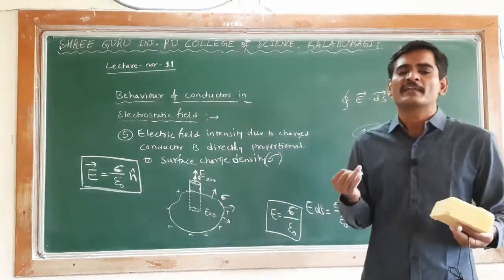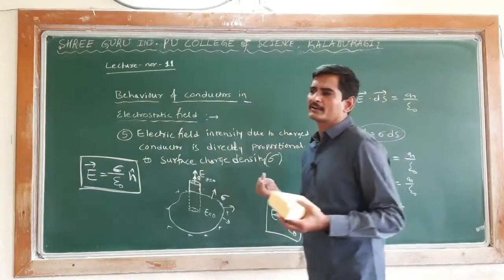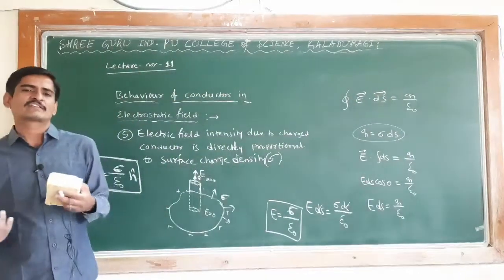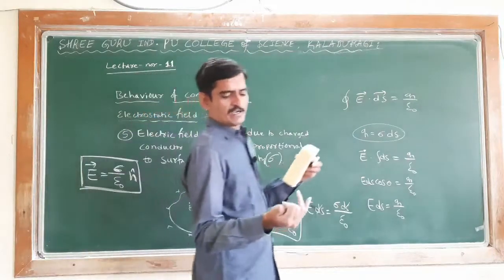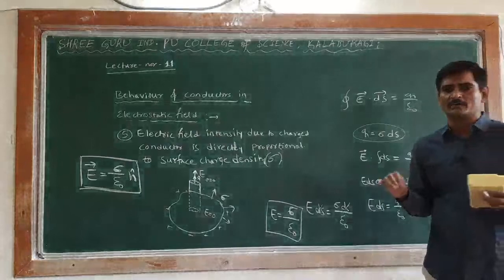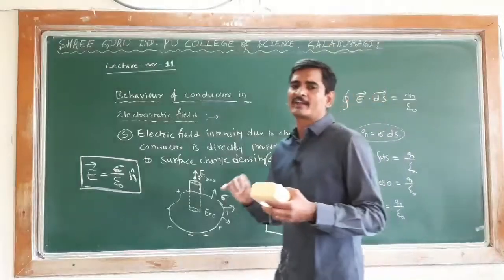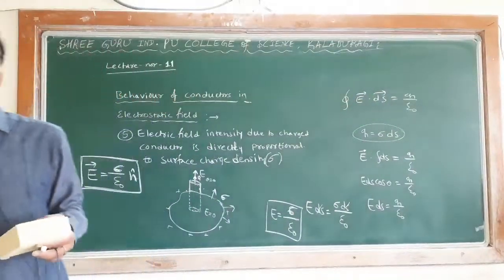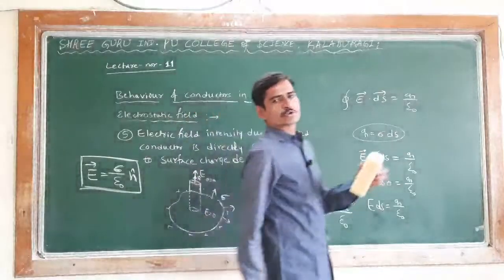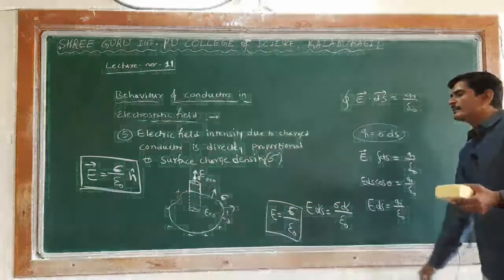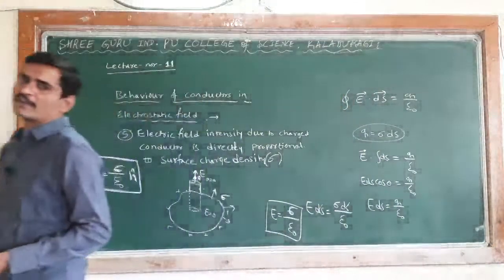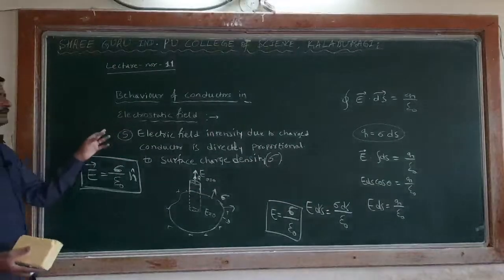Third point, the net charge in the interior of the conductor is 0 and any excess charge resides on the surface of the conductor. Fourth point, the electric potential throughout the conductor will remain constant. And the fifth point, electric field intensity due to a charged conductor is directly proportional to surface charge density. Understood? So these are the points that you have to understand.